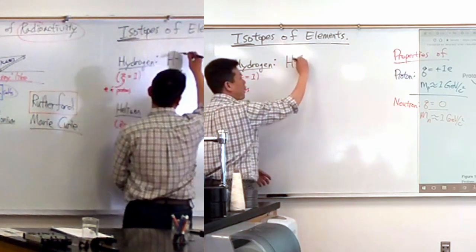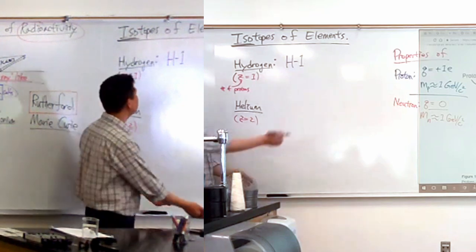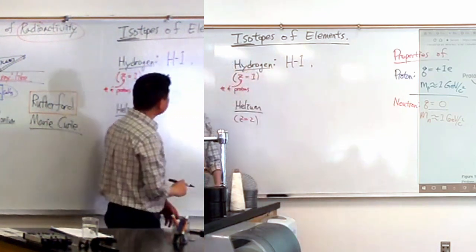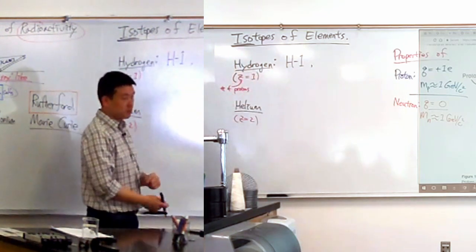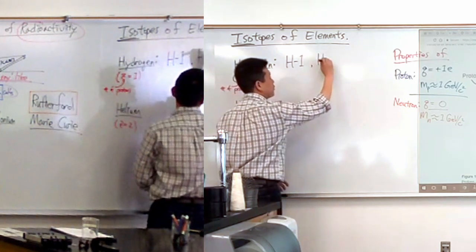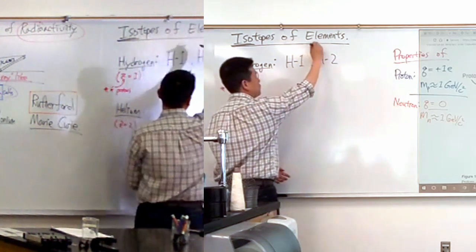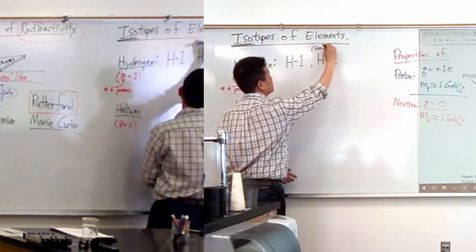So hydrogen 1 would be hydrogen, something you already know. And hydrogen has 1 more stable isotope that's not as common as hydrogen 1. It's hydrogen 2, or it has its own name because it's simple enough to have its own name, deuterium.